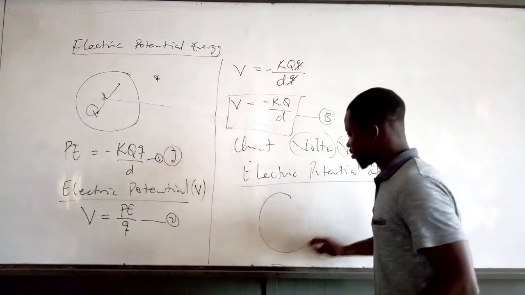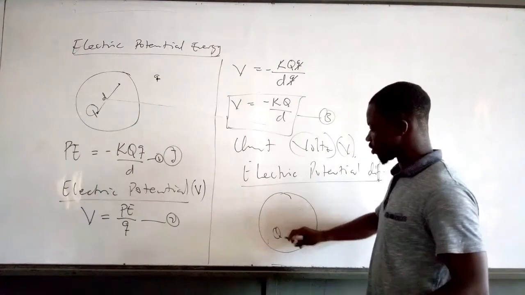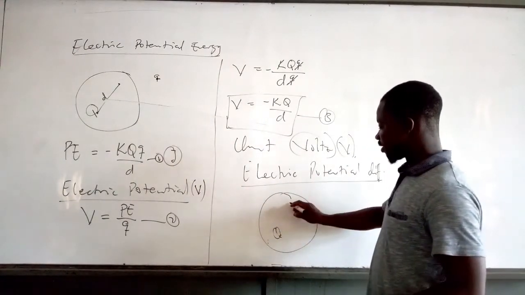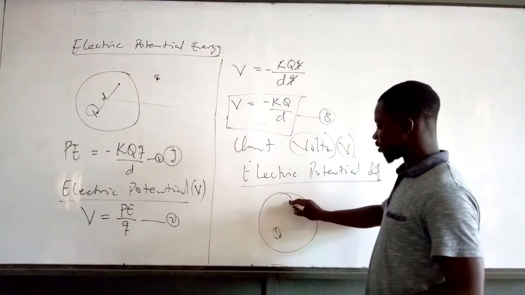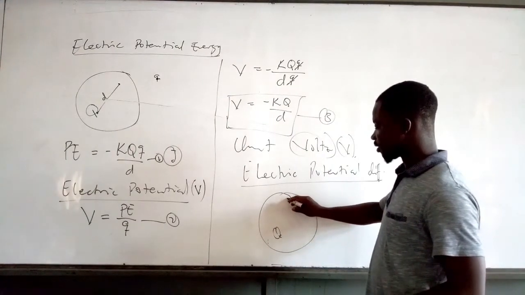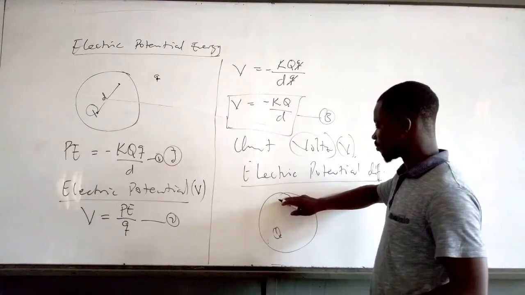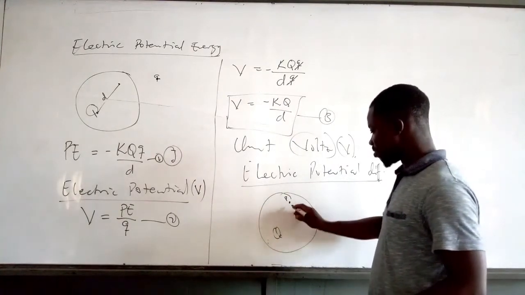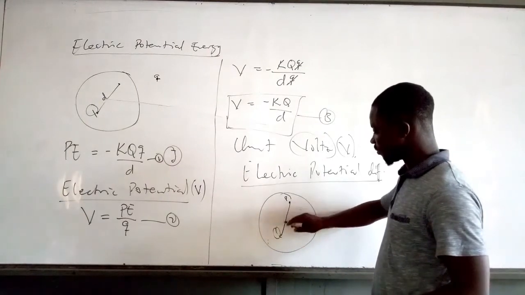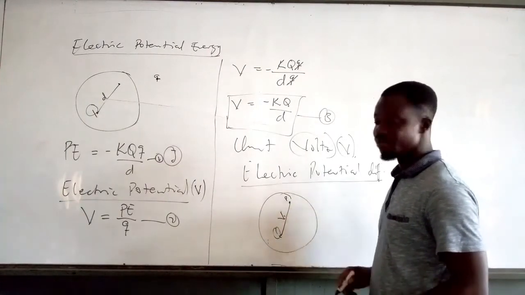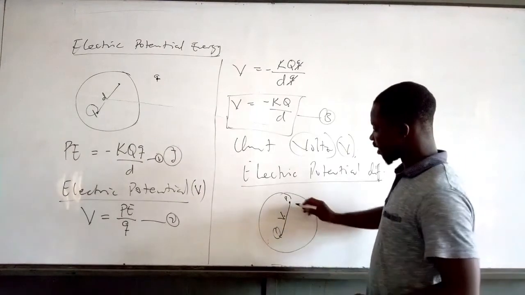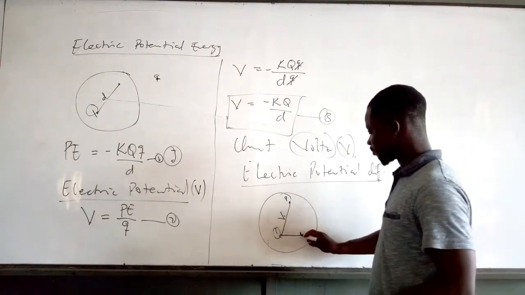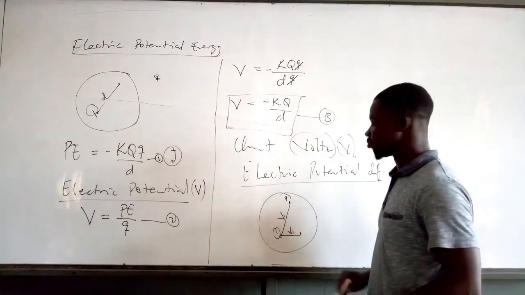Let us consider an electric field created by a charge capital Q. There is a charge at this point, P. We want to move this charge. Let the potential here be V1, right? We want to move this charge from this point to this point. Let the potential here be V2.